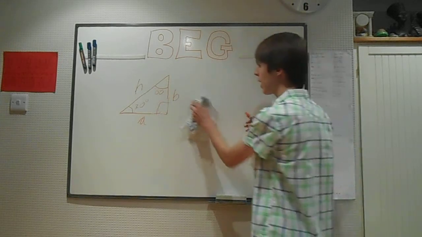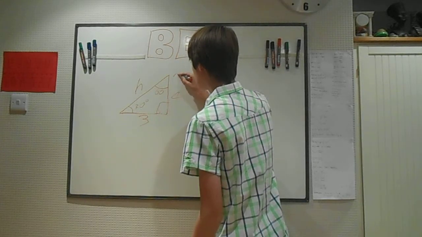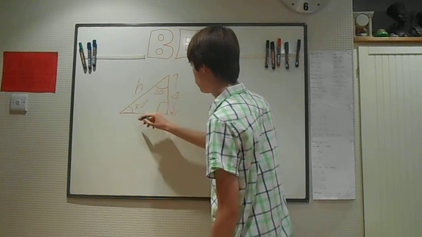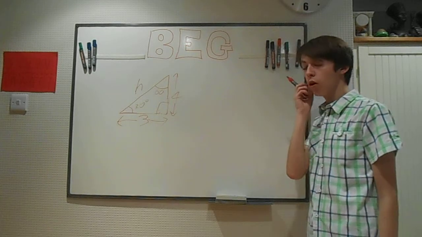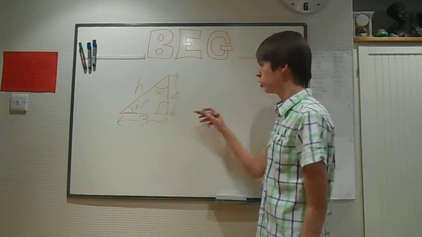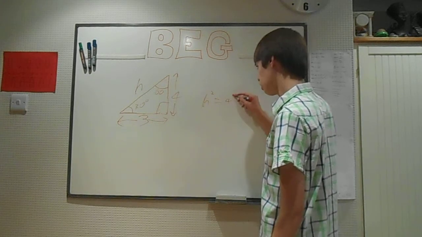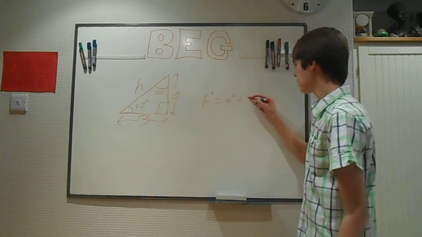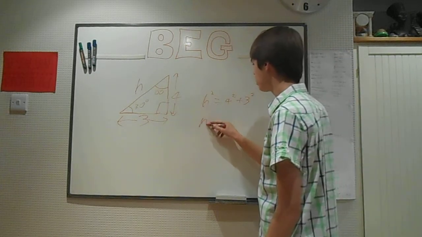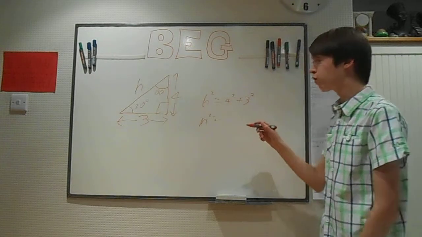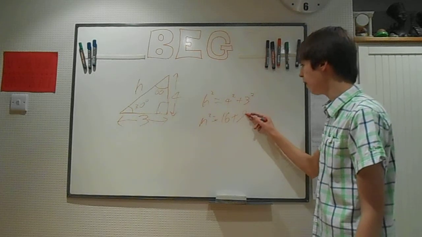Let's say we had the values 3 and 4. Those are the lengths. From there that's 4, and from there that's 3. So what would be the length of h? Well, h squared equals, if we label this side A, 4 squared, and label this side B, 3 squared. So h squared equals 4 squared plus 3 squared. 4 squared is 4 times 4, which is 16. 3 squared, 3 times 3 is 9.